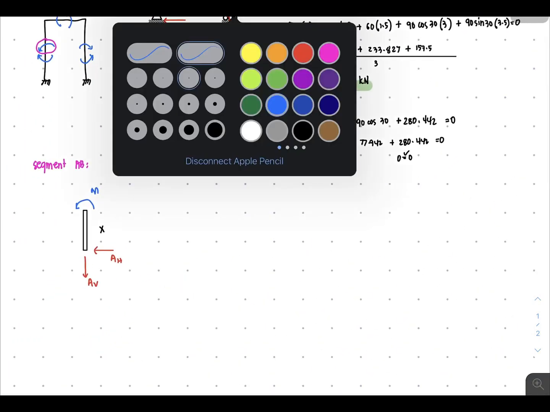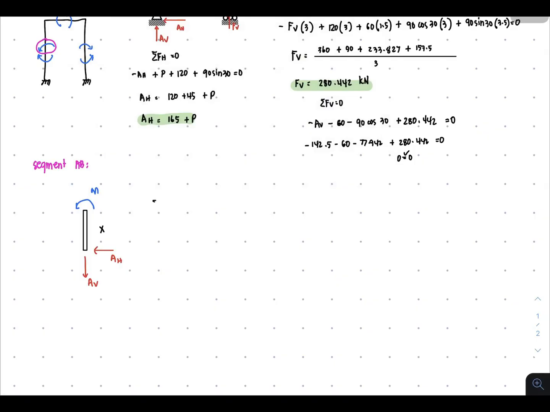Okay, get the equation. Summation of moment about the point of cutting equal to 0, with clockwise positive, counterclockwise negative. So you have negative M plus AH times X, and as you can see, AV will only pass through the point since AV is an axial force to that member. So that's equal to 0 now.